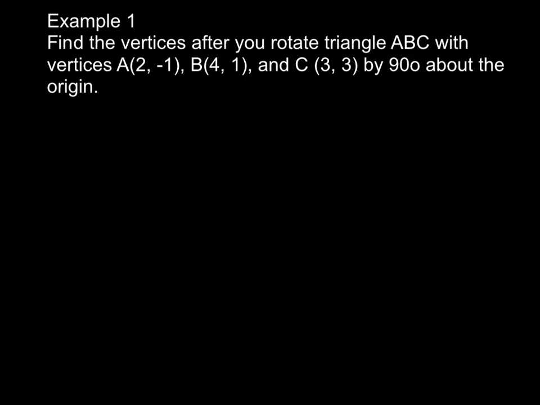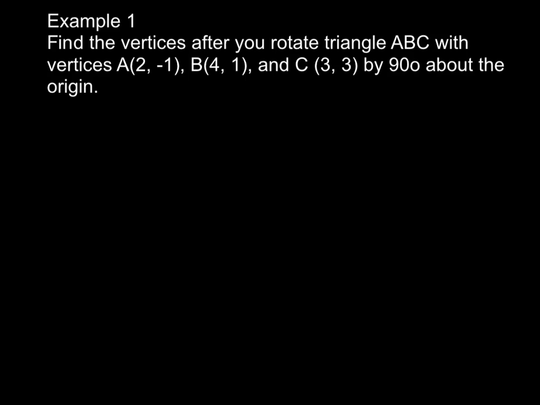Example 1. Find the vertices after you rotate triangle ABC with vertices A, B, and C as shown by 90 degrees about the origin. Now, absolutely, if you want to graph these and then rotate it 90 degrees about the origin, which means we go counterclockwise, you can do that.